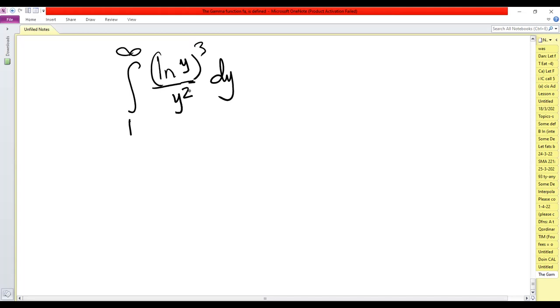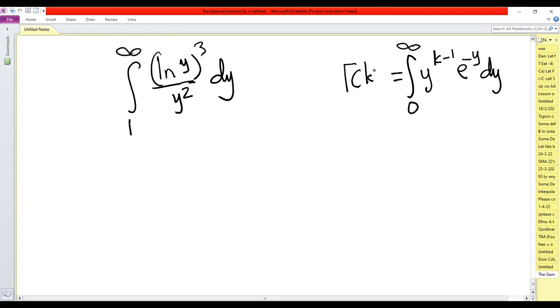Also, the limits of integration are from 0 to infinity, not 1 to infinity. So the given problem needs more transformations to take the form integral from 0 to infinity of y raised to the power k minus 1, e raised to the power minus y, dy, which is defined as gamma of k.